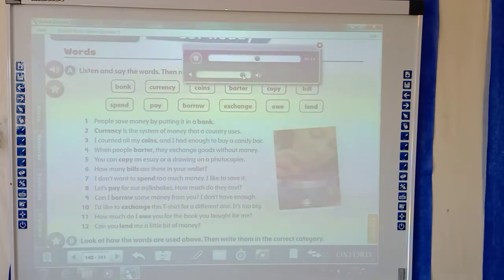When people barter, they exchange goods without money. Five. You can copy an essay or a drawing on a photocopier. Six. How many bills are there in your wallet? Seven. I don't want to spend too much money. I like to save it.